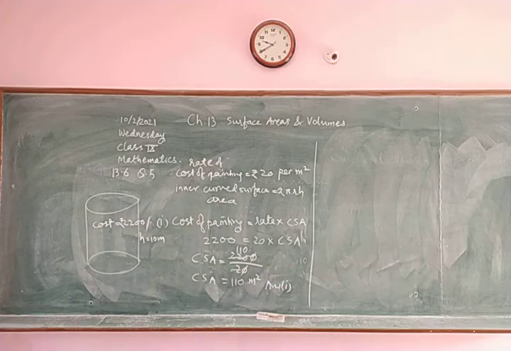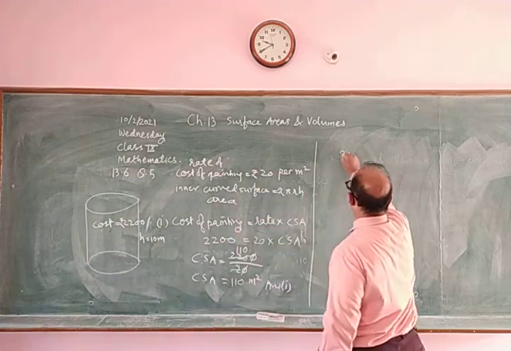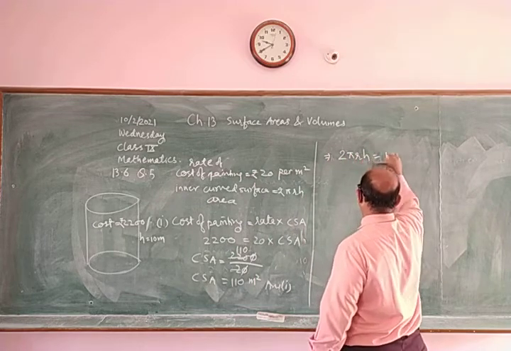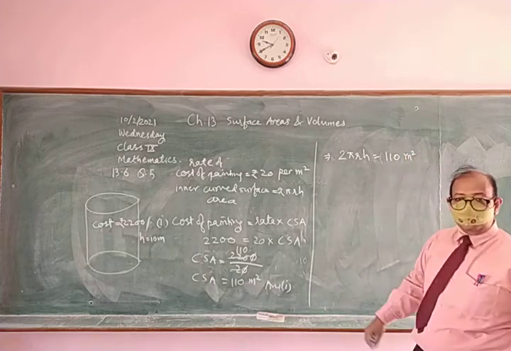Is it hollow? Yes, it is hollow. Now, listen. Now we find the radius. You can use this one. Curved surface area means 2 pi r h is equal to 110 square meter.